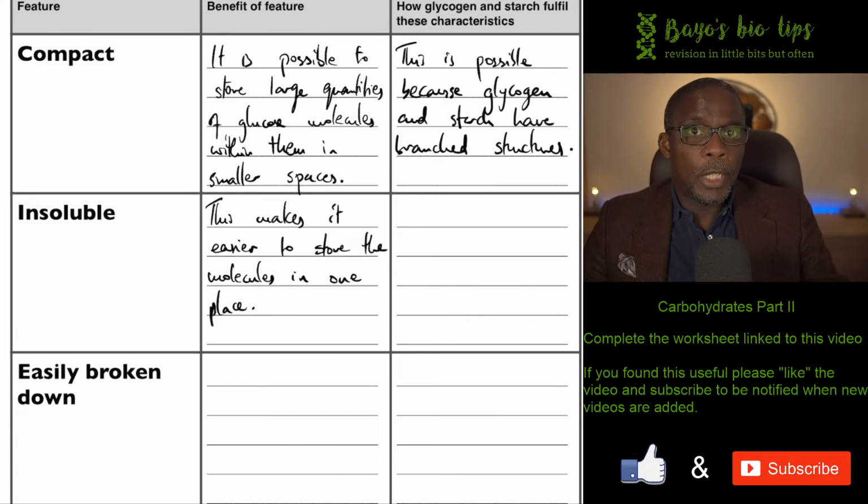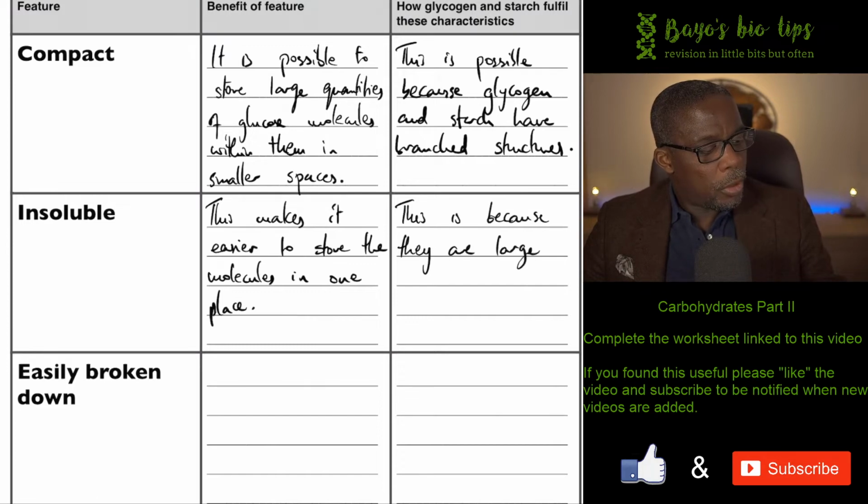They can be kept in a specific area. So how do glycogen and starch fulfill this characteristic? Going back to what I said earlier, this is because they are large covalent molecules. And as I said, covalent molecules tend to be insoluble in water. So think things like lipids like oil.